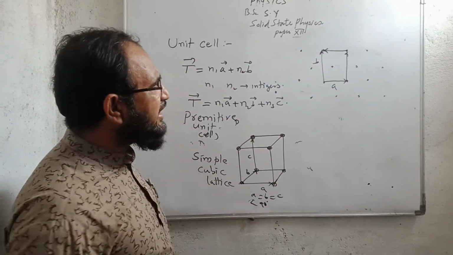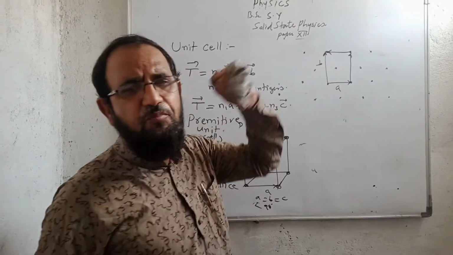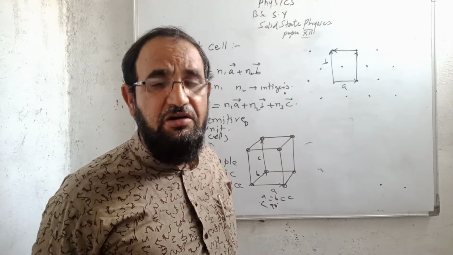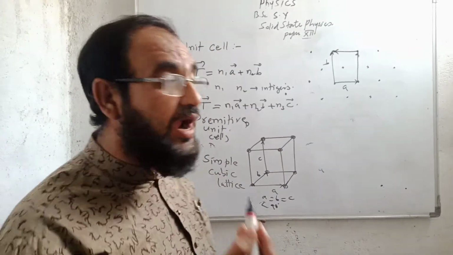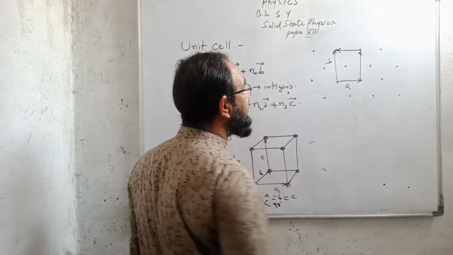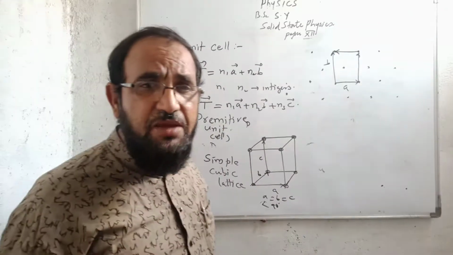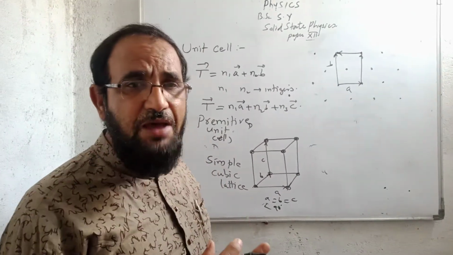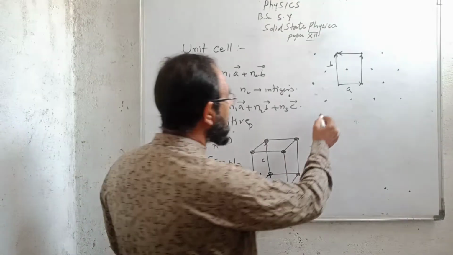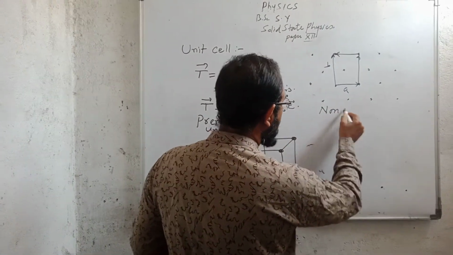So you can see that there is a point or lattice point or a molecule or an atom at the center of the unit cell. So such type of lattice in two dimension is called a non-primitive lattice.